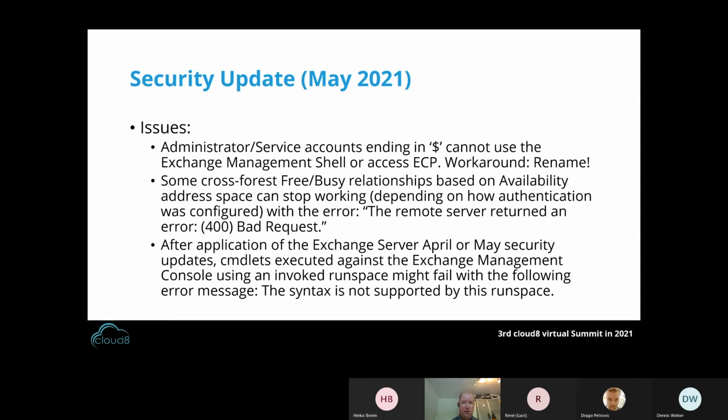And lastly, after application of the Exchange Server May security updates, cmdlets executed against the Exchange Management Console using Invoke-RunSpace might fail. That's especially important for scripts that you run. Test your scripts after each update, but that's, I guess, a best practice anyway.